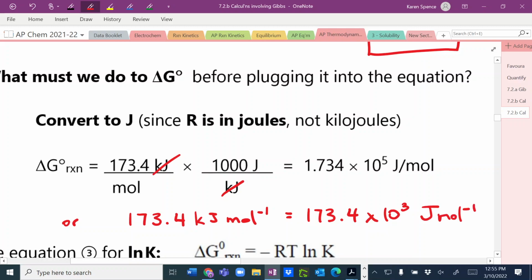Only do that if you know you're not going to get the negative and the positive mixed up. If you're going to get them mixed up, actually do the unit conversion. But if you're not, you can just go ahead and do that. Okay.